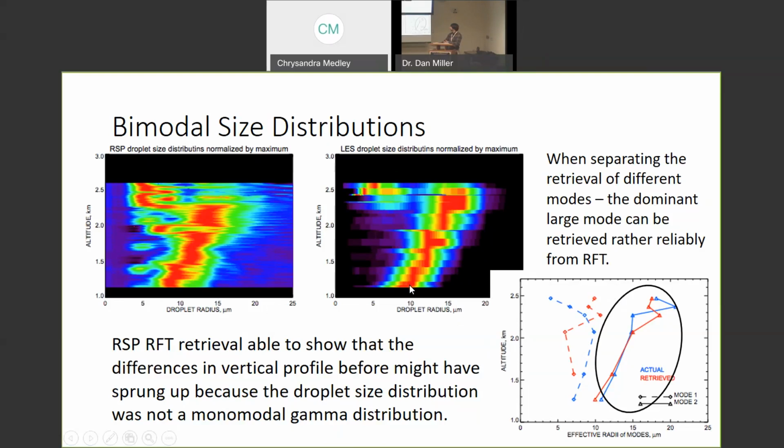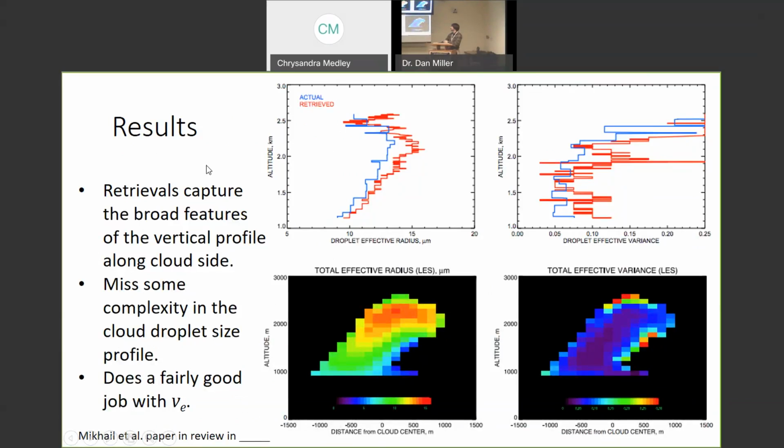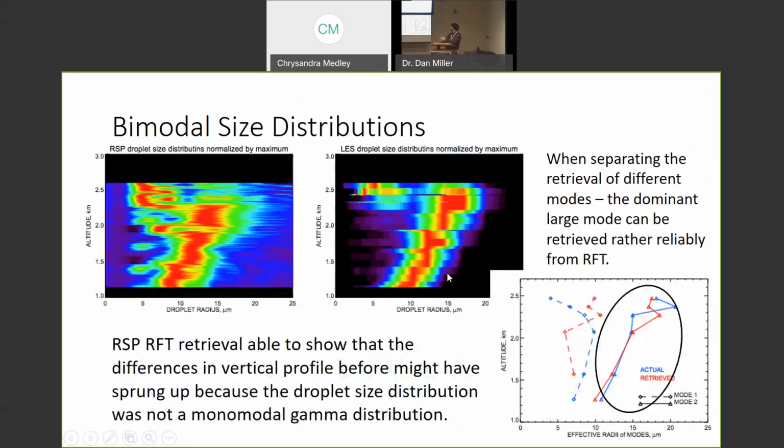And so if you compare that to this, which is just giving you one single number, this gives you the perspective of, oh, what is the shape of the distribution? Is there more than one mode? And actually, it does a relatively good job of capturing the multimodal behavior at the cloud top, and maybe not the relative magnitude of the two.